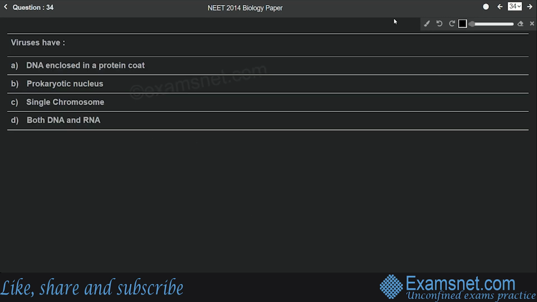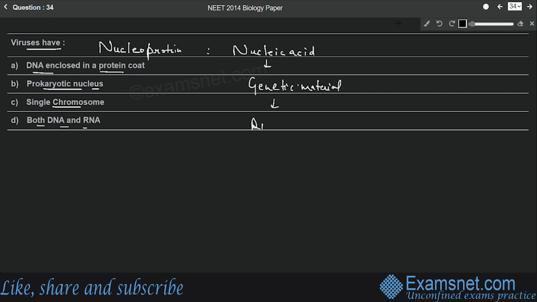Question number 34 is from the chapter Biological Classification, and the question is viruses have, options are DNA enclosed in a protein coat, prokaryotic nucleus, single chromosome, and both DNA and RNA. So viruses are basically nucleoprotein, right? That means they contain nucleic acid, that is the genetic material, and it can either be an RNA or a DNA.